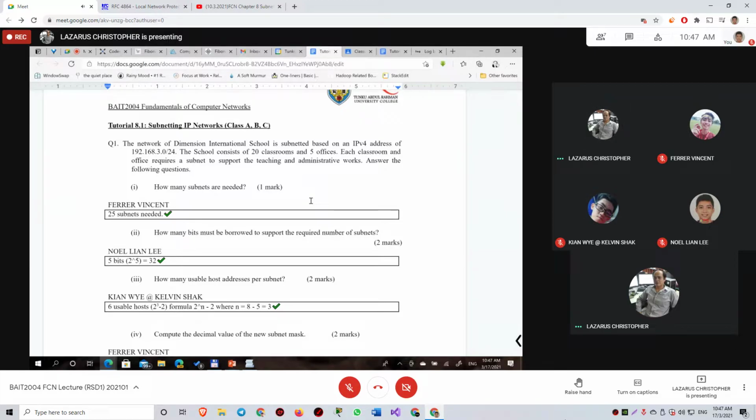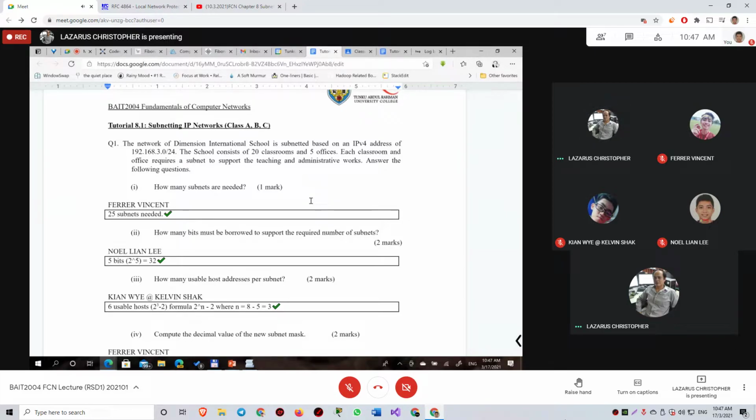Is it okay so far? Sir, are all these subnets connected to one router? Yes. Well, if you use one router for 25 subnets, I think the router will be overworked.